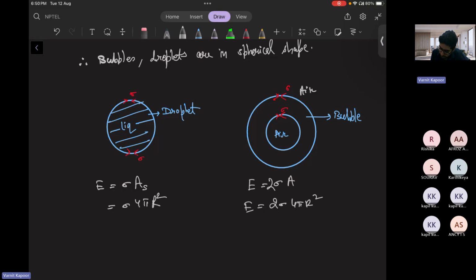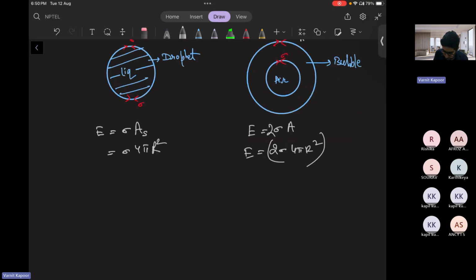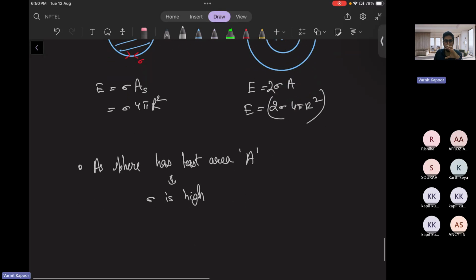So it is very thin when you see an air bubble. Sphere has the least area, which implies higher surface tension will be there on the bubble.